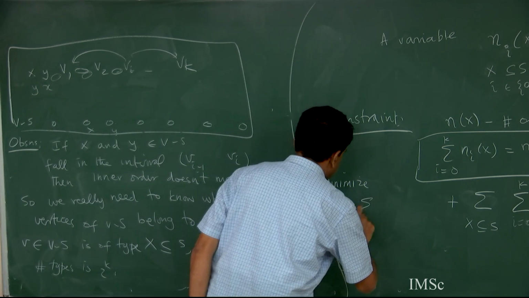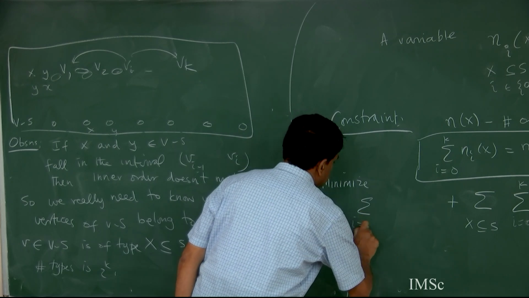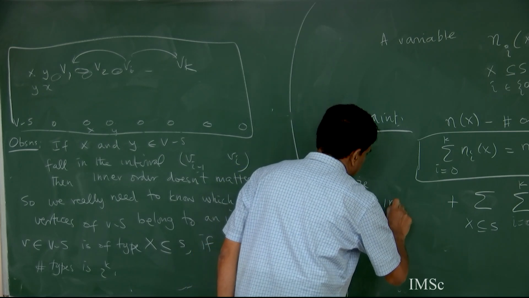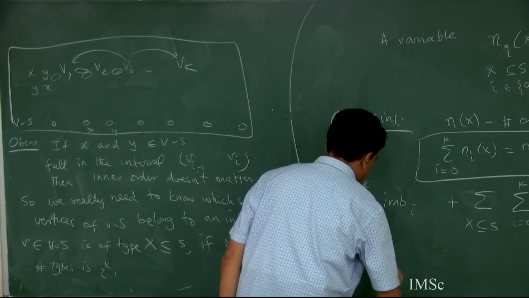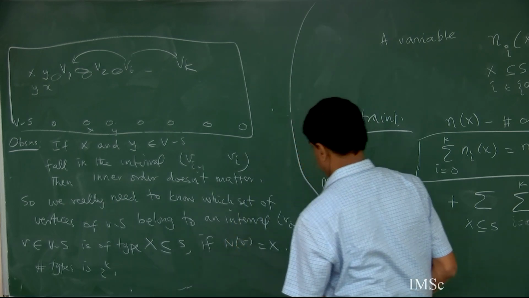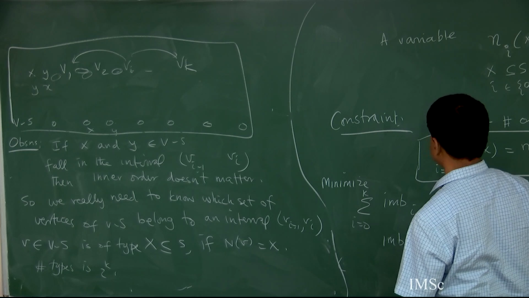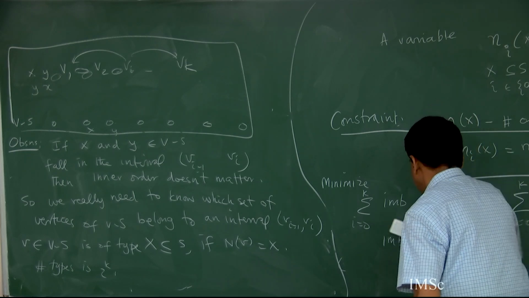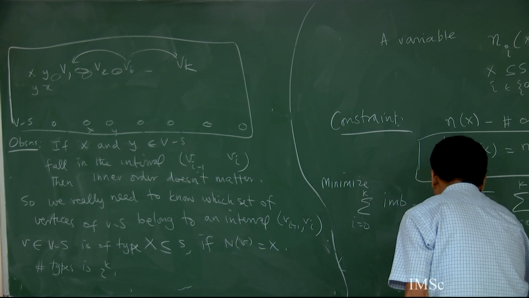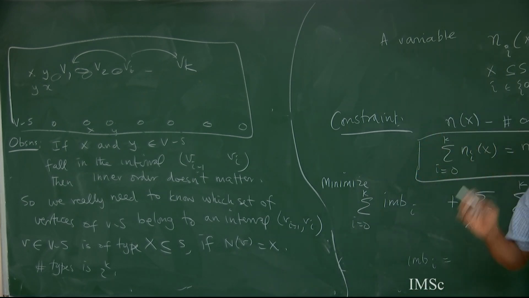So, summation i equal to 0 to k, let me write this as the imbalance caused by that vertex. What is this imbalance caused by that vertex i? Now you're looking at the imbalance caused by the V1 to Vk vertices. But you can pre-compute, right?